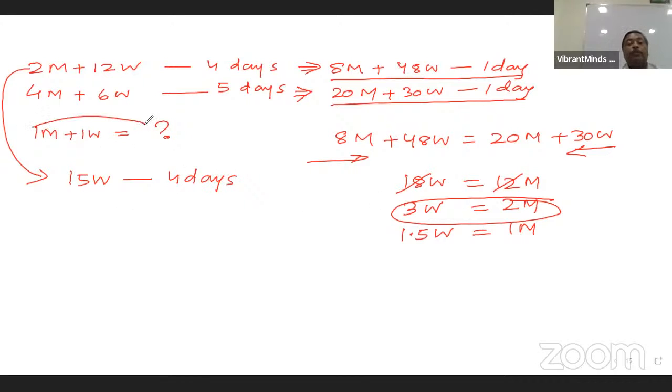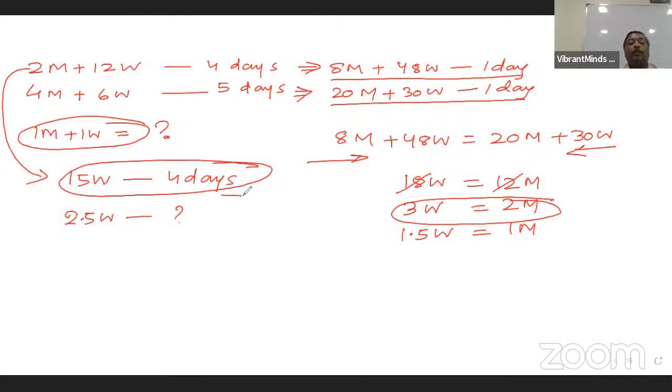And now in this question, 1 man is 1.5 women. So 2.5 women, in how many days? So this will be something like this: 15 into 4 divided by 2.5. What I will get over here is a 10.